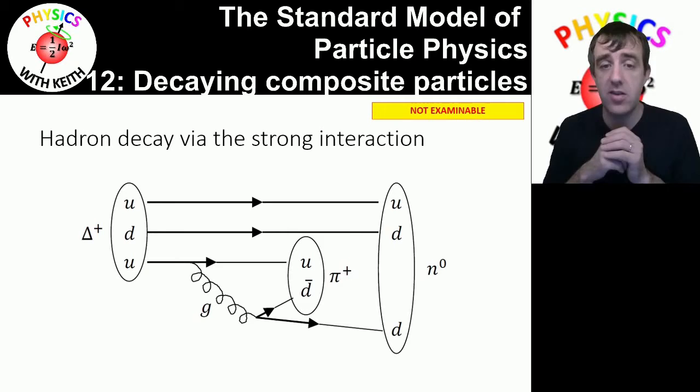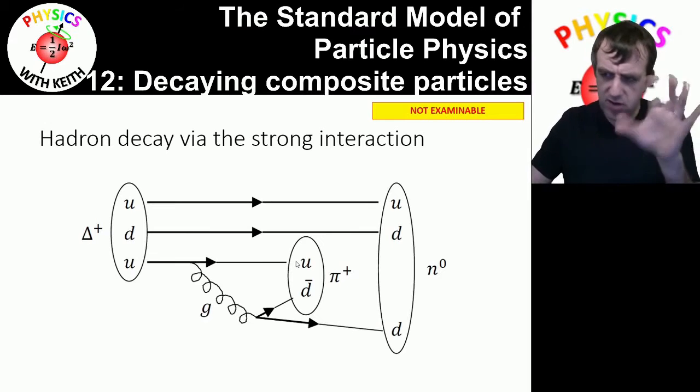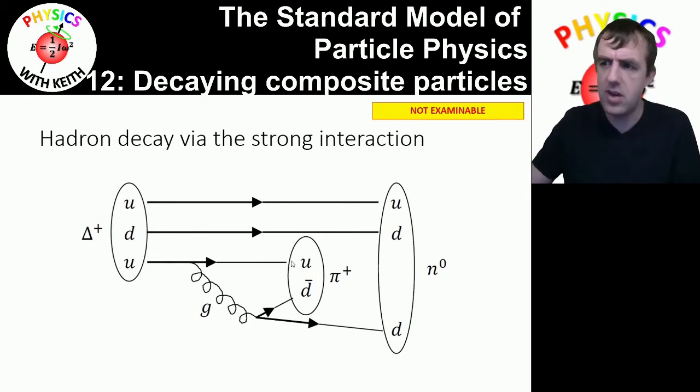The previous example was a delta+. This is a delta+ as well, but this is a different possible decay. Here the up quark stays as an up quark, but because of the gluons swishing around inside there and changing colour, one of those gluons can decay into a down quark and an anti-down quark. Now the down quark can bond with the down quark and the up quark to form a neutron. That's a possible outcome of this.